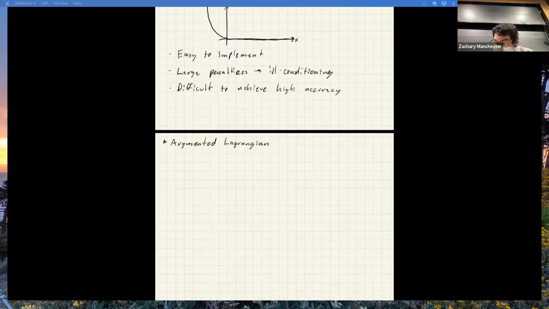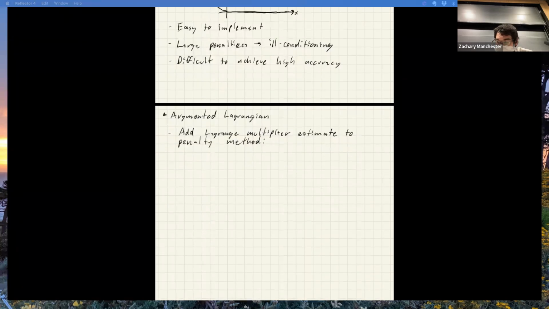Basically the trick is we take the penalty method, which just has that quadratic penalty in it, and we add a Lagrange multiplier term to it, which we all know about now, right? I'll write this down and we'll talk about it. So what we're going to end up doing is something like this.